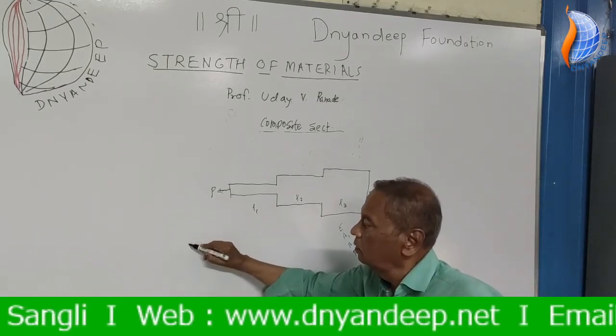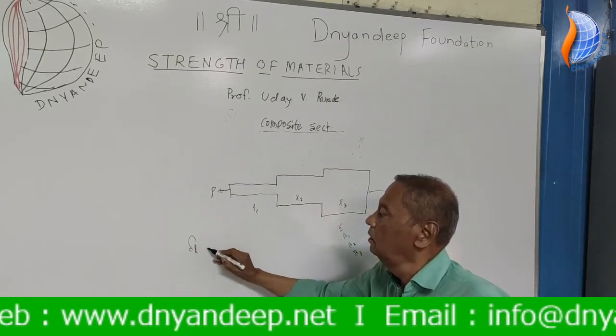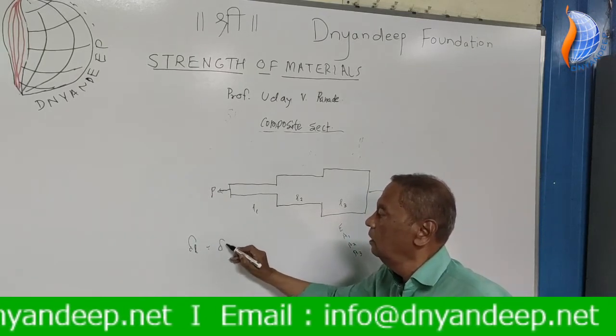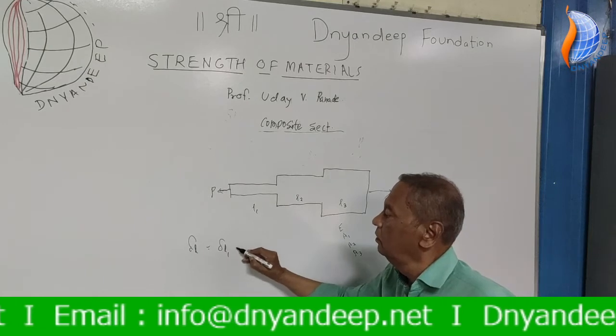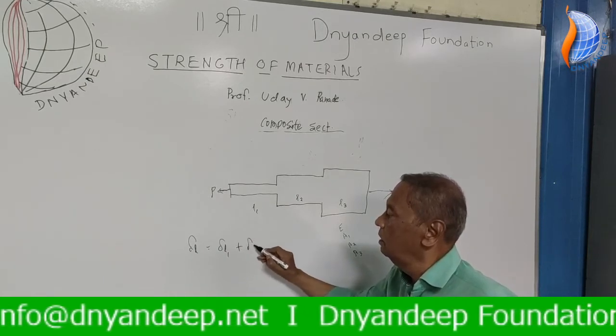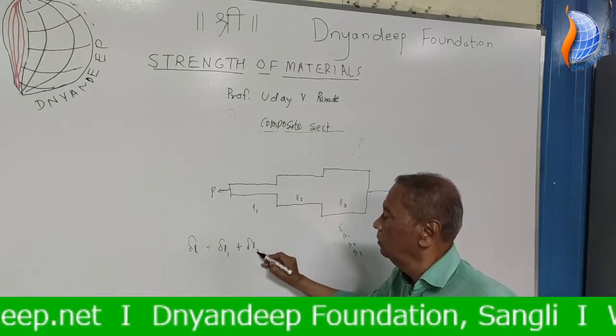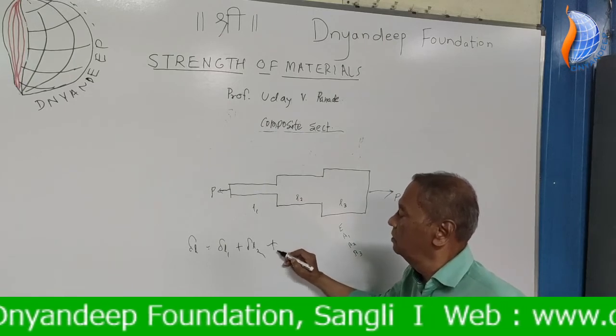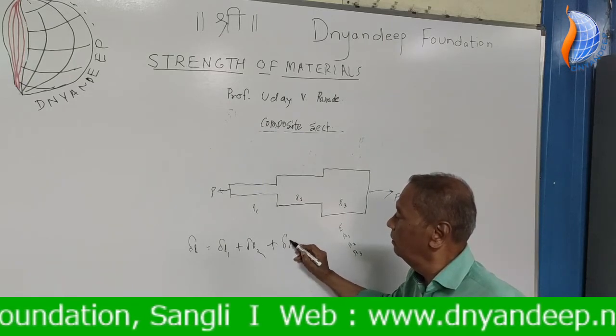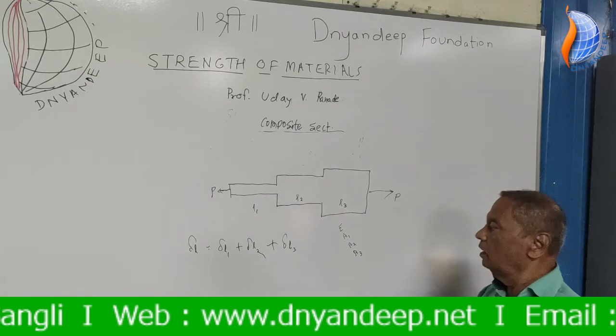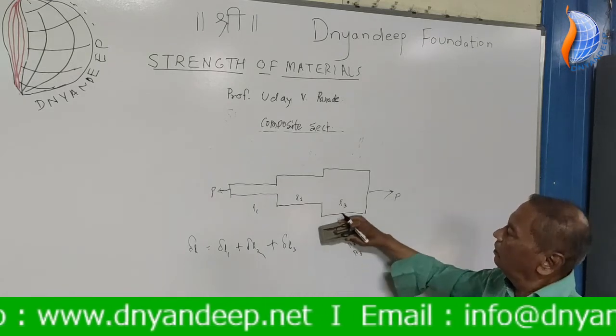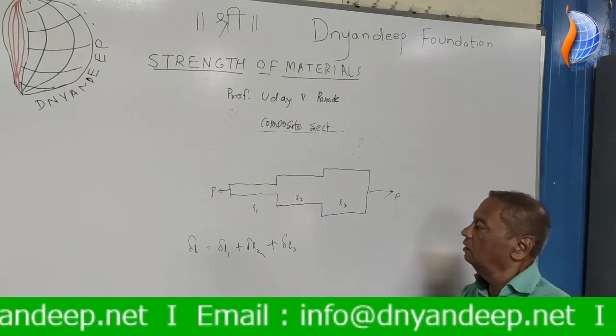So delta L equals delta L1 plus delta L2 plus delta L3. And on similar lines, we will write the equation.